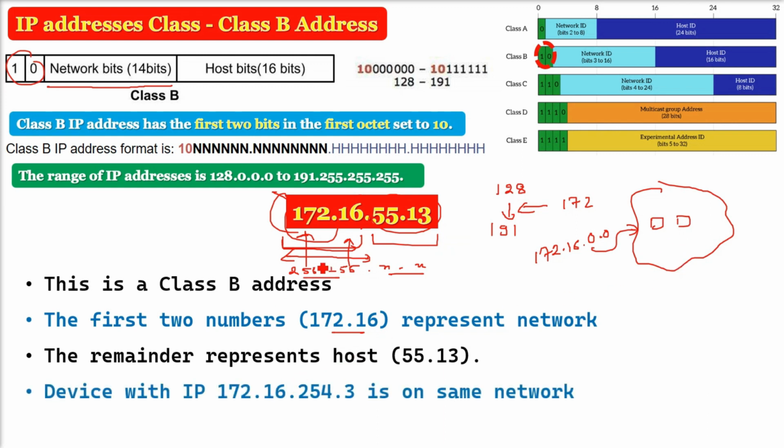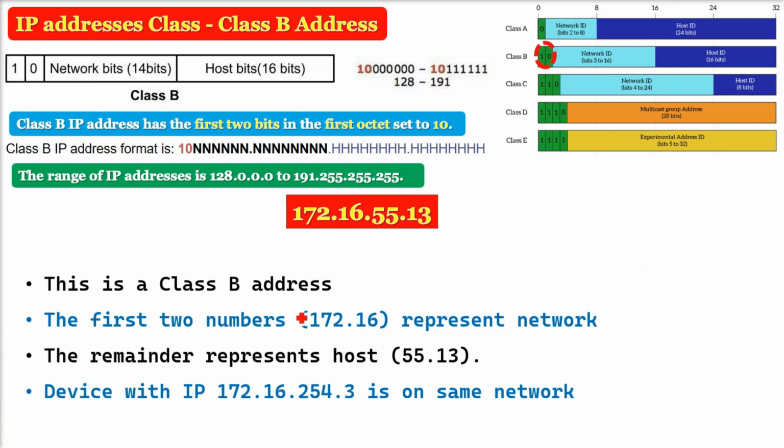Let me just clear it to tell you that we have a number. Somebody comes up with a number, 172.16.254.3. Now the devices with these two IP addresses, are they in the same network? Yes, you just have to check the first two octets. If they are 172.16, they are matching.